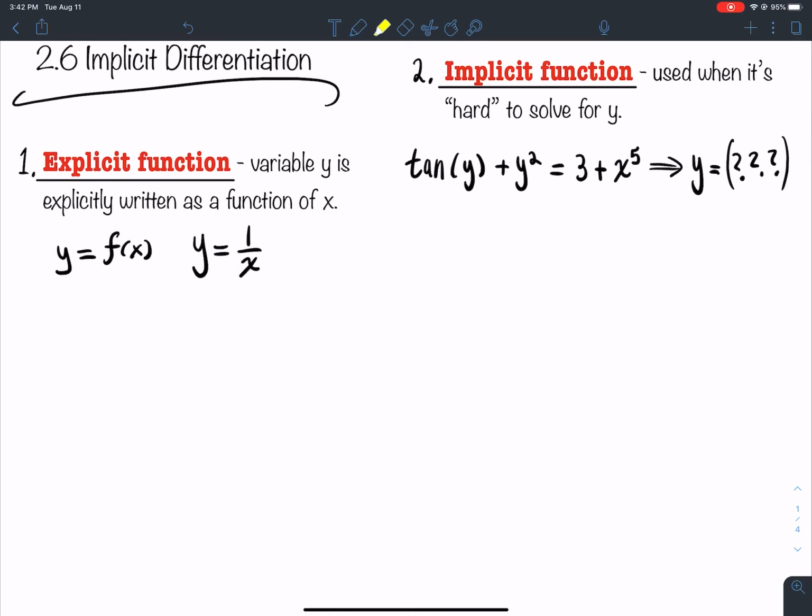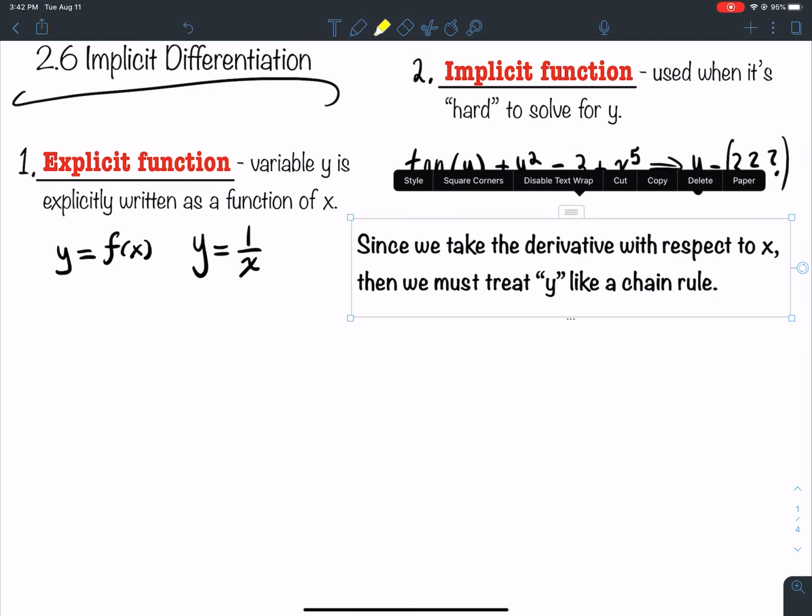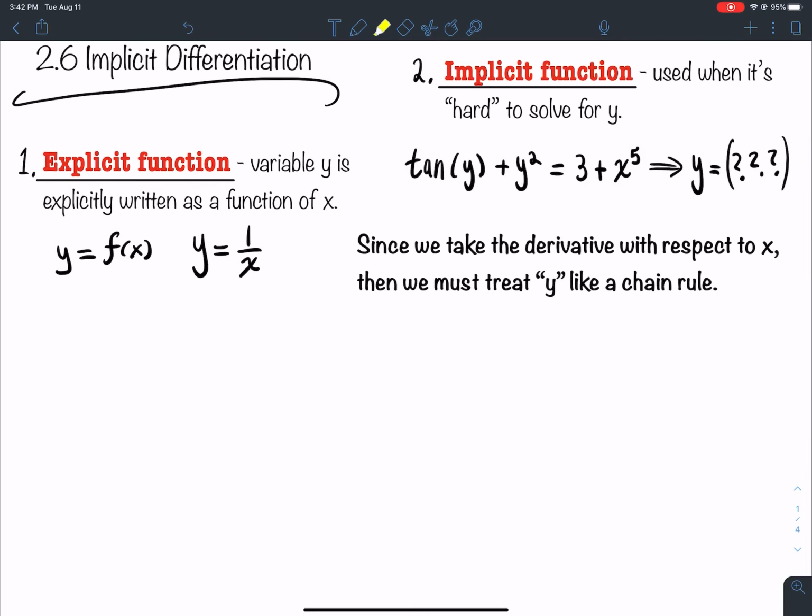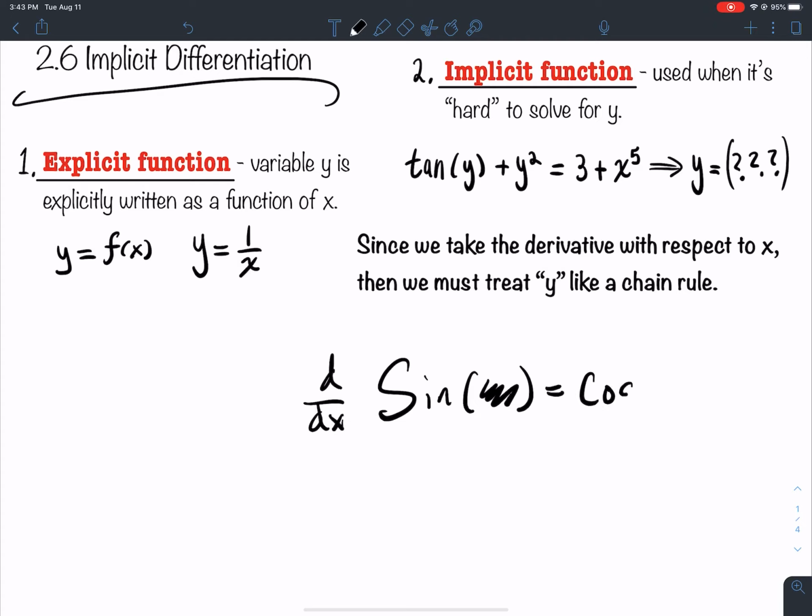So since we take the derivative with respect to x, we must treat y like a chain rule, okay? So we treat it like something we don't know what it is, right? Like if we took the derivative of sine of something with respect to x, I say it's equal to the cosine of something times the derivative of that something.